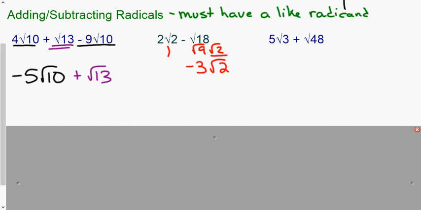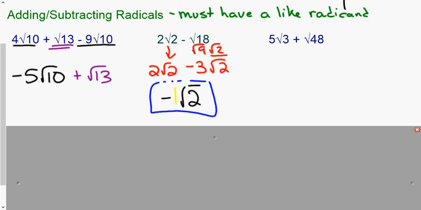I personally rewrite the problem so it's all on the same level, so I'm going to bring this 2 root 2 down. So I have 2 root 2 minus 3 root 2, and now is where I would say, okay, I have like radicands, so I can subtract, and I get negative root 2. If I want to put the 1 in there, I can, but I do not have to. Personal preference on that one.